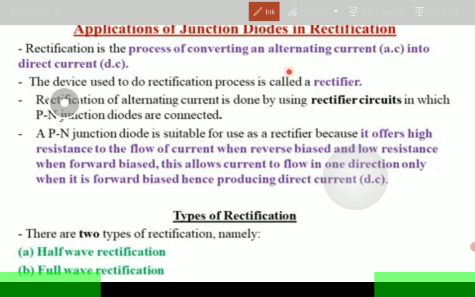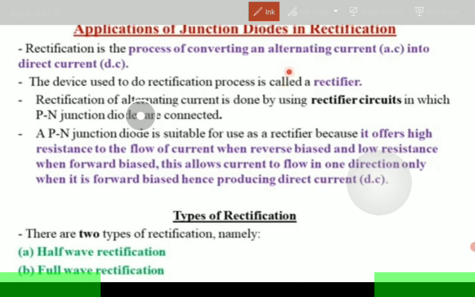The rectification of alternating current is done by special circuits, which we call rectifier circuits, in which the main components are diodes. We have diodes connected in such circuits so that they change alternating current to direct current.